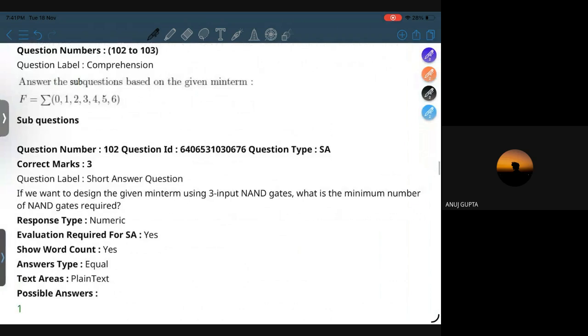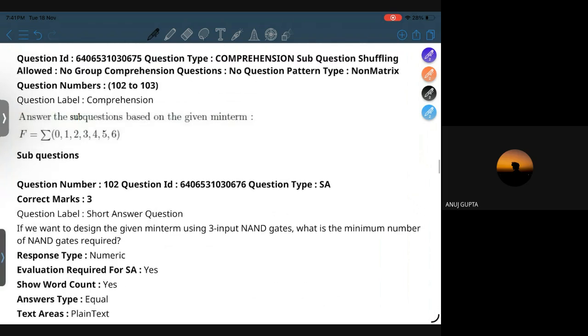So if we want to design the given minterms using three-input NAND gates, what's the minimum number of NAND gates required? Okay, so this is 0, 1, 2, 3, 4, 5, 6. 7 is just not there, which is A plus B plus C complement, complement, complement.